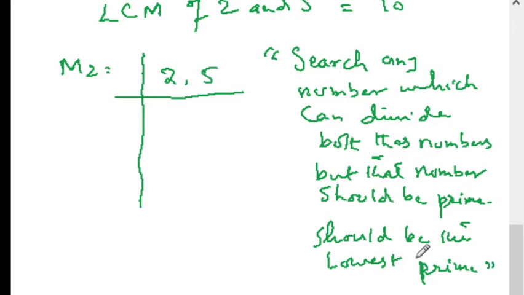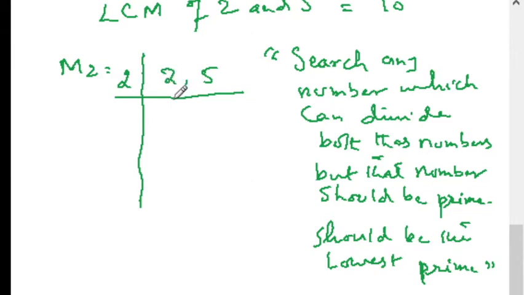Now note this method. Is there any prime number which can divide both these two numbers? No, we don't have any prime number which can divide both of them. So then we start with 2. We can also take one number which can divide one of these.